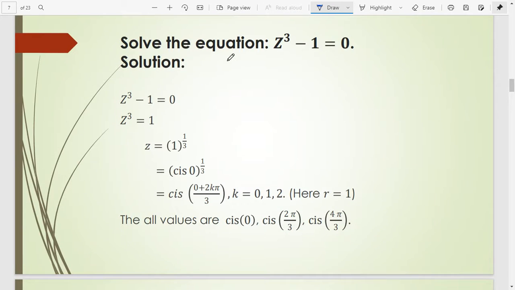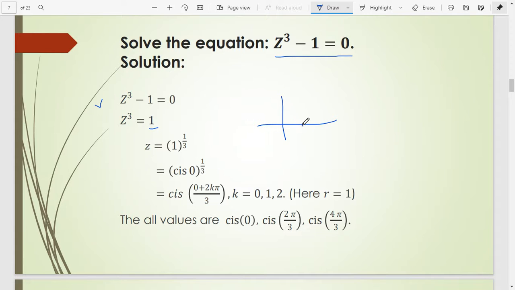Now solve the next example. Solve the equation z cube minus 1 is equal to 0. So z cube is equal to 1. So z is equal to 1 raised to 1 by 3. Graphically, 1 is here.